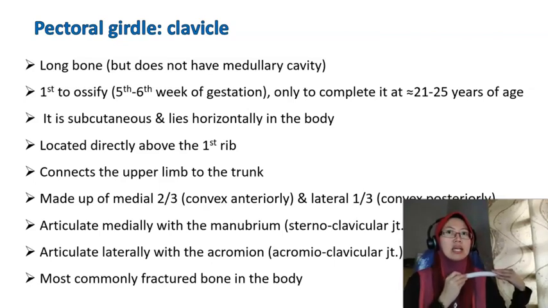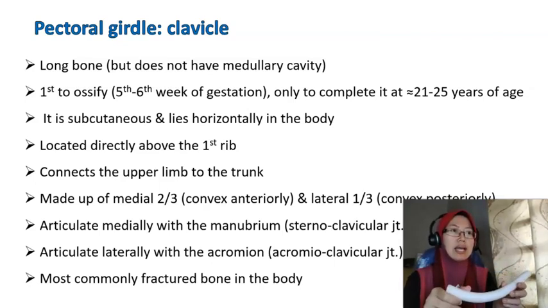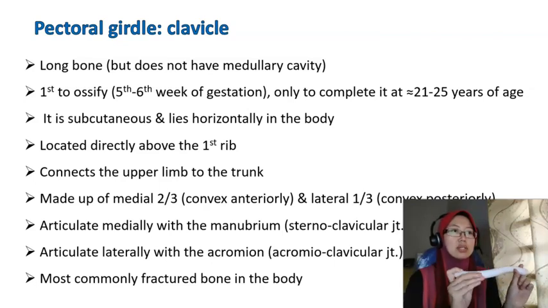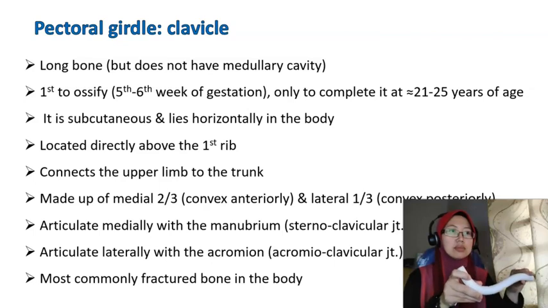Okay, and it is made up of medial 2/3 anterior convex, and lateral 1/3 posterior convex. Okay, looks like this. If it is right clavicle, it looks like this, superiorly here.